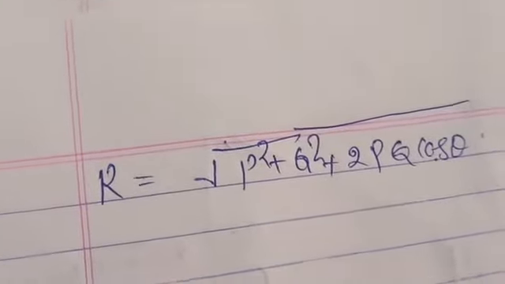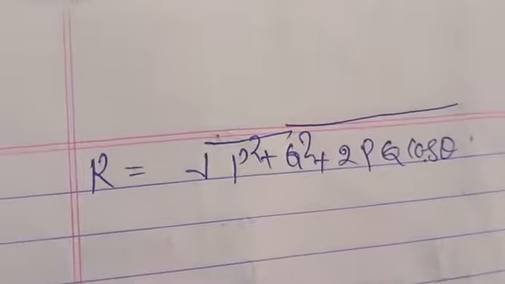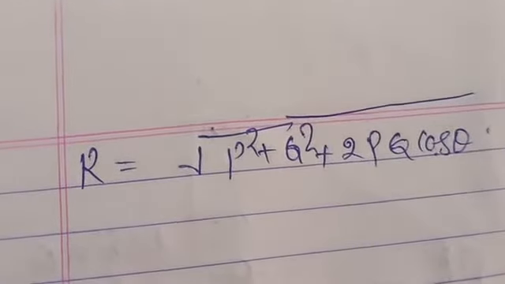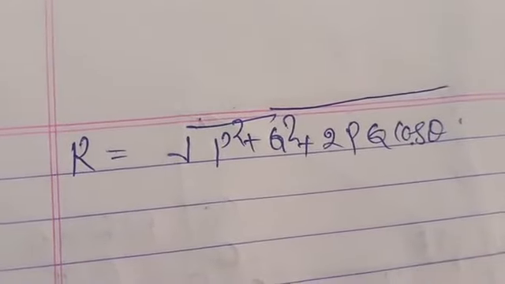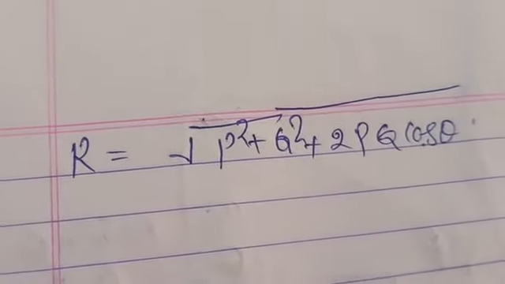But now we have to derive it. We can derive it, and after that we will see how to represent it: R equals the square root of P squared plus Q squared plus 2PQ cos theta.